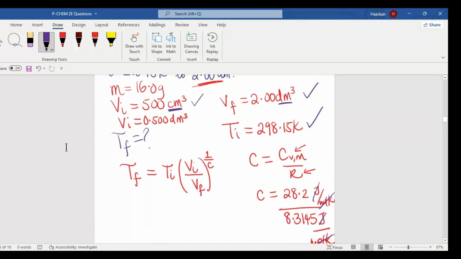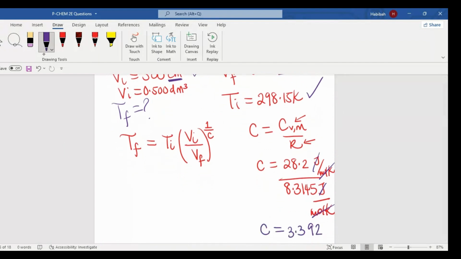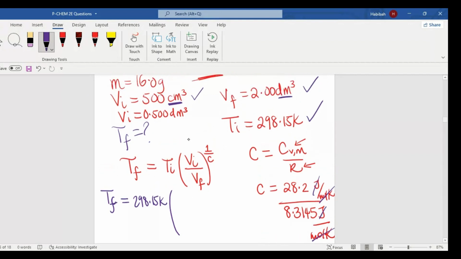Now we've gotten C, we have our T initial, our V initial, and our final volume. So inputting our information in the equation, we have T final is equal to 298.15 Kelvin times the V initial, 0.500 dm cubed, and then our V final is simply 2.00 dm cubed.